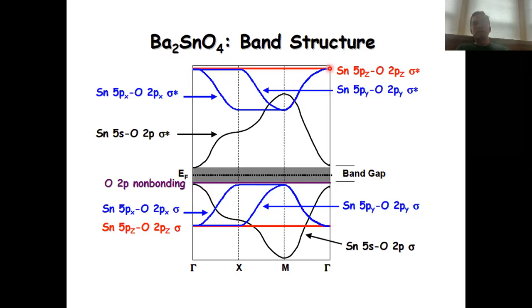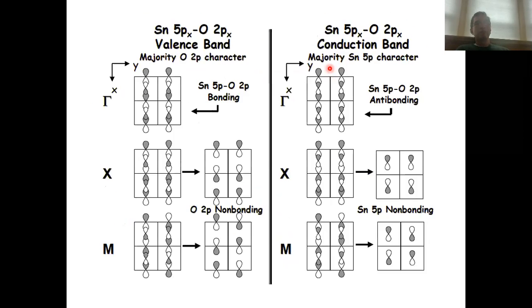Last but not least, we should consider that we have not used all the available px and py orbitals of oxygen. That becomes clearer when we go back here. For instance, we have only considered px orbitals of these oxygen atoms.